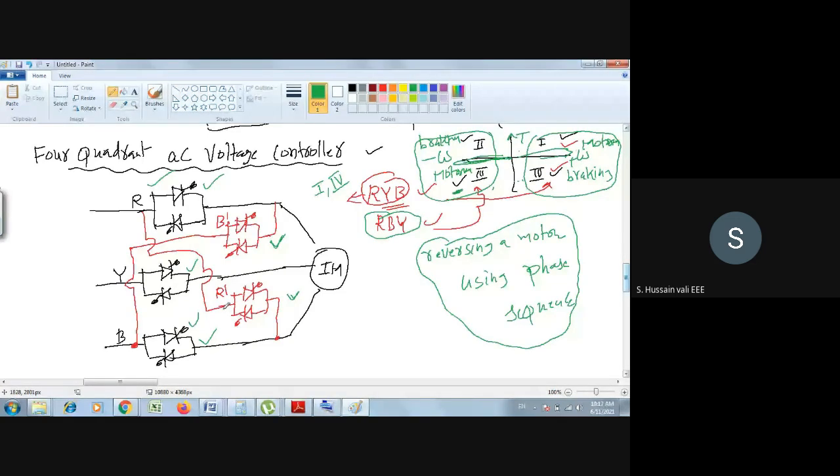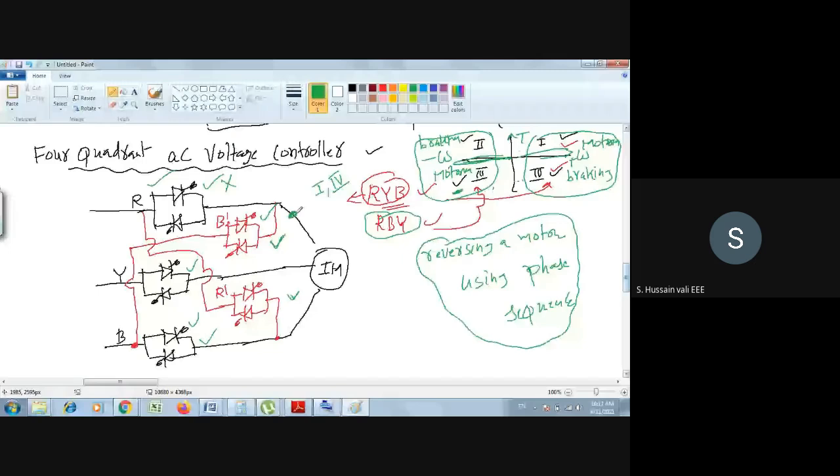That is the reason that we add two more sets of thyristors here. One is connected to B and is called B dash, the other is connected to R and is called R dash. So you see the connection here. You have to imagine when you turn on these thyristors. If I turn off this and turn on this, which terminal will you find here?